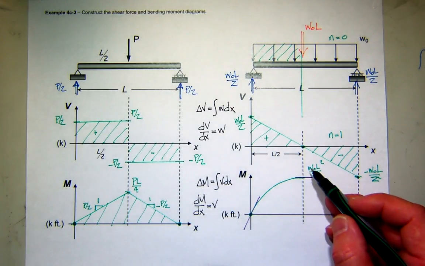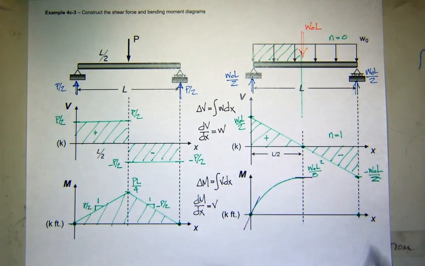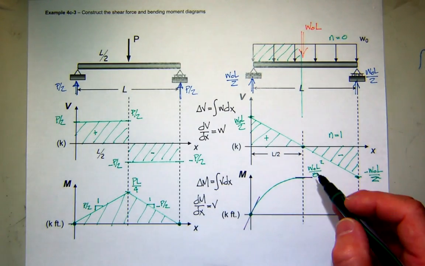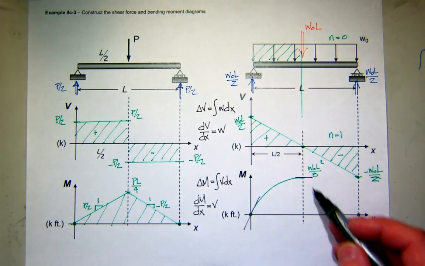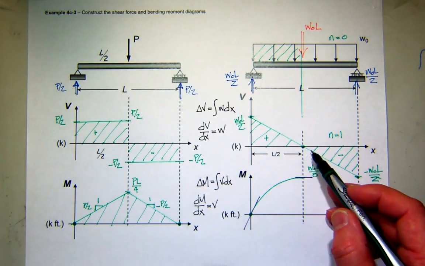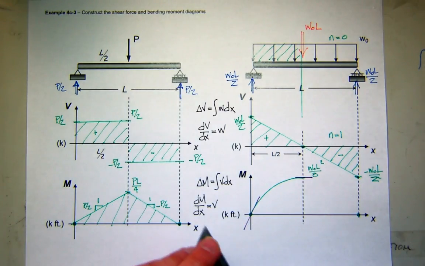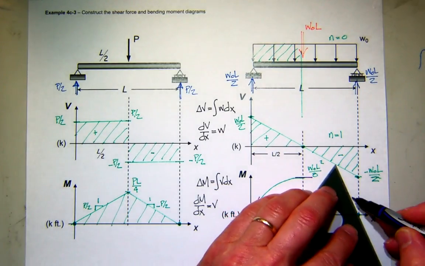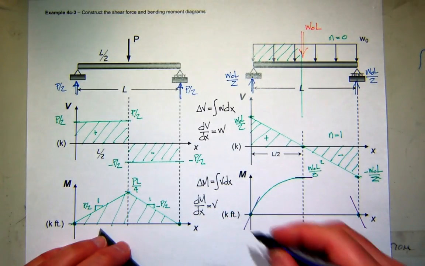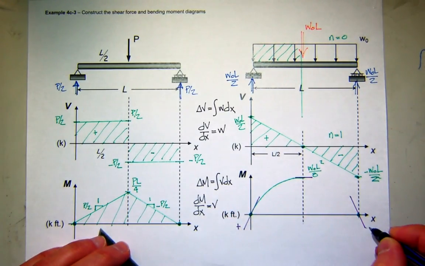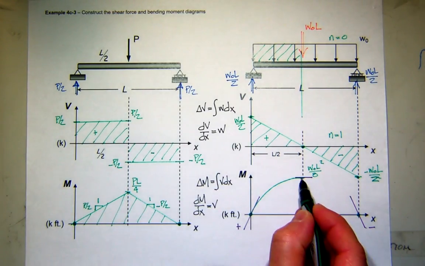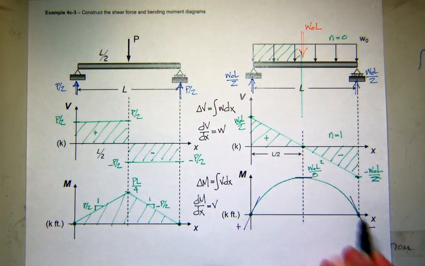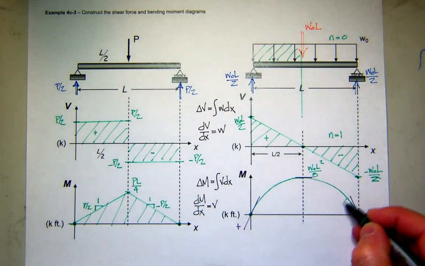So when you subtract that from here, you get 0. The slope of the moment diagram is the shear. The shear starts off at 0 and increases to a large negative slope. We start off with a positive slope, end up with a negative slope, and then you connect that, you get this curve. So this is the distribution of your moment.